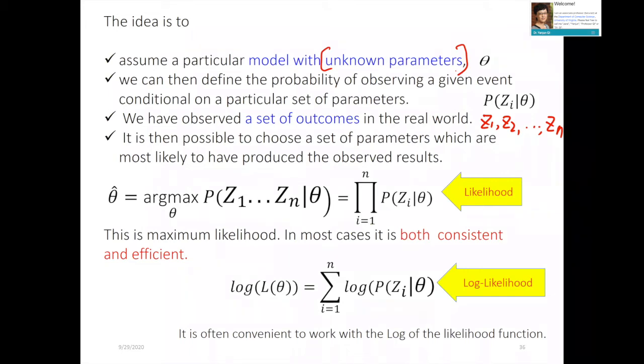In most cases, we don't directly work with likelihood because it is a probability, so it's within 0 and 1, and hopefully not 0. If anything is 0, no matter how many samples you observe, the whole multiplication is 0.